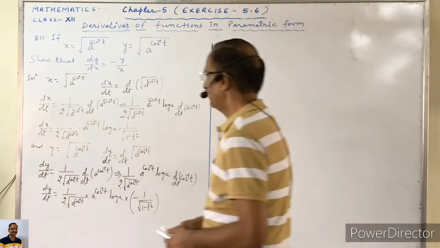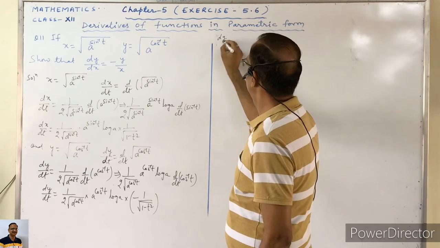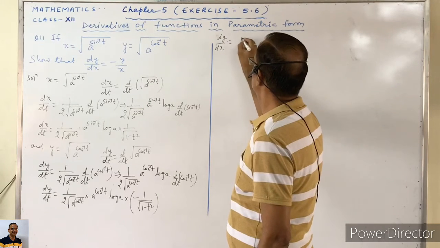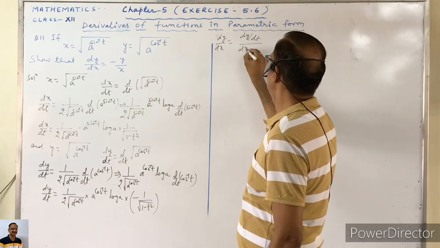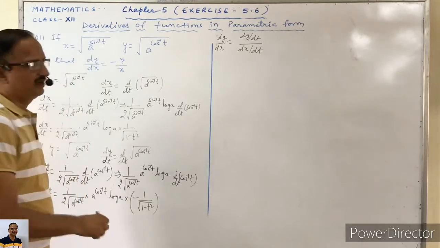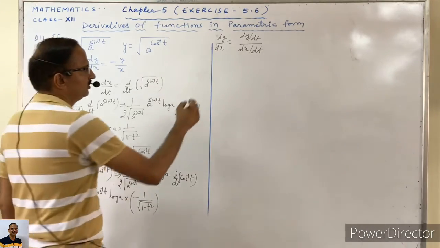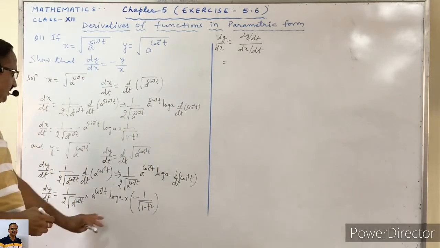Now, what we have to find? We have to find dy by dx. So dy by dt when divided by dx by dt, then we will get dy by dx. So the value of dy by dt is this one.